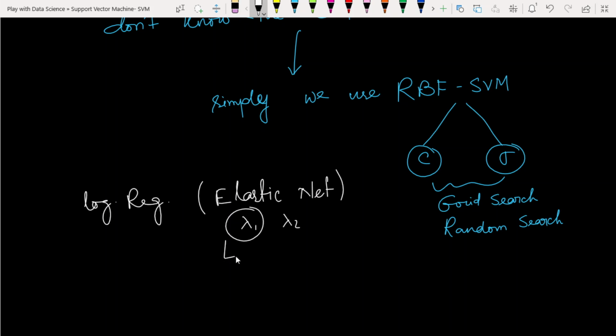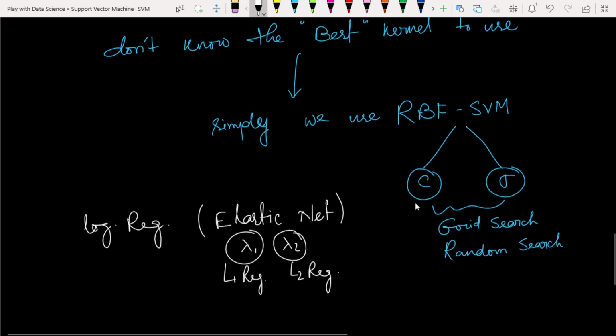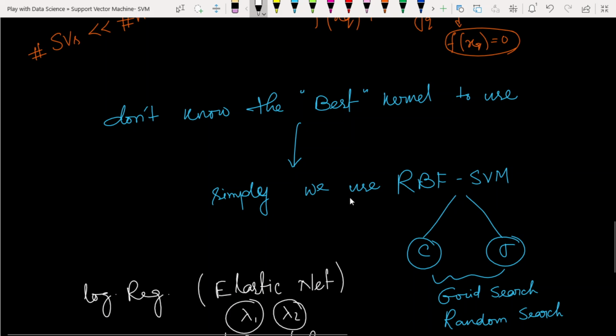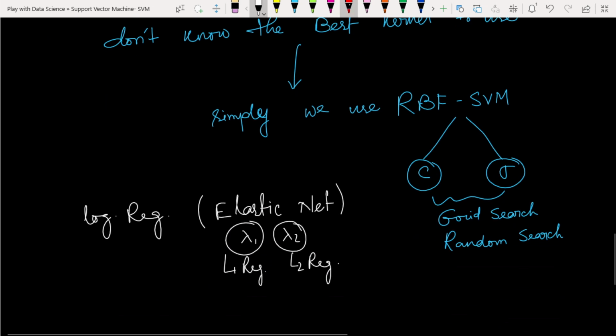One is for the L1 regularizer and the other is for the L2 regularizer. We saw how to choose the two parameters in elastic net by using grid search and random search. So we are doing the same thing here. This C comes from the soft margin, and this sigma comes from the RBF function.